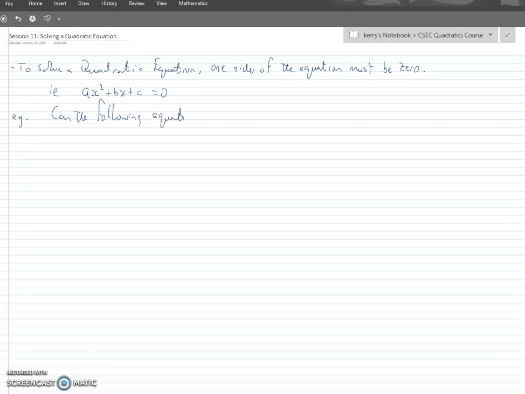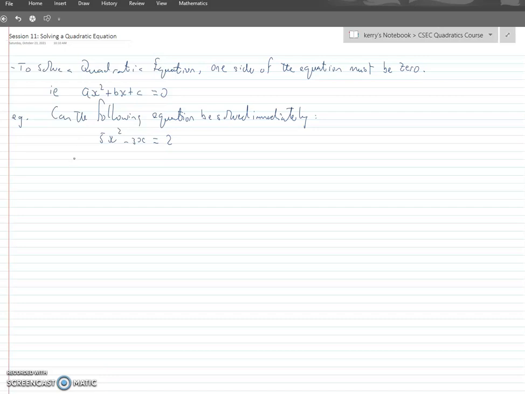Let's go with 5x squared minus 3x is equal to 2. If we watch this here, neither side of the quadratic equation is equal to 0.